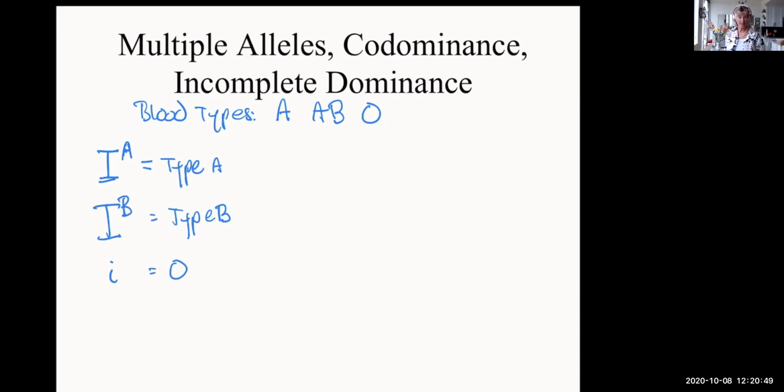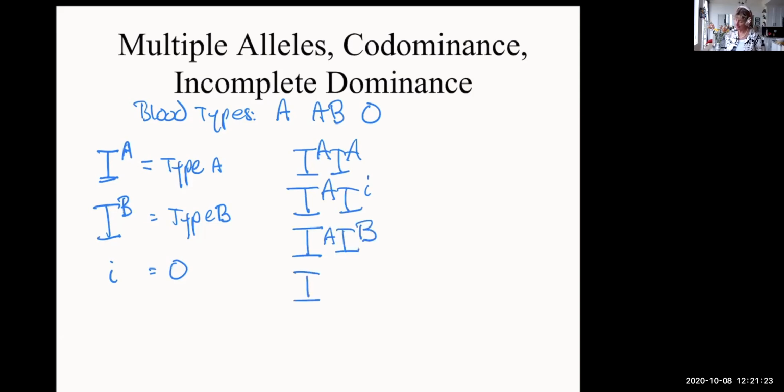So the combinations that you can get of these, because there's multiple alleles, are three. You could get these two together, that will give you type A. You could get these two together, that will give you type A. You could get these two together, that will give you type AB.